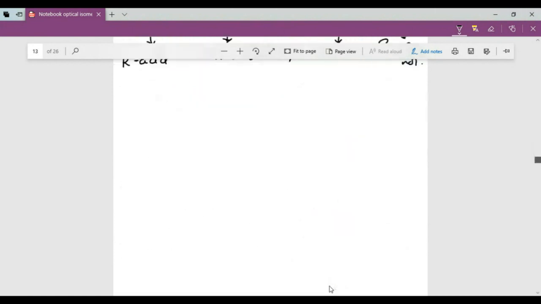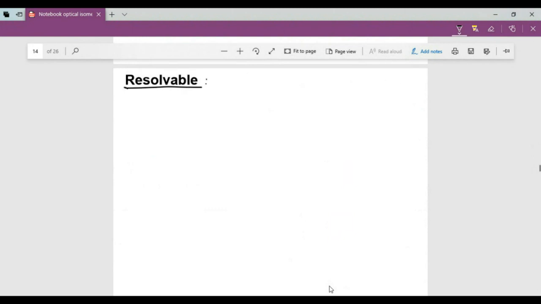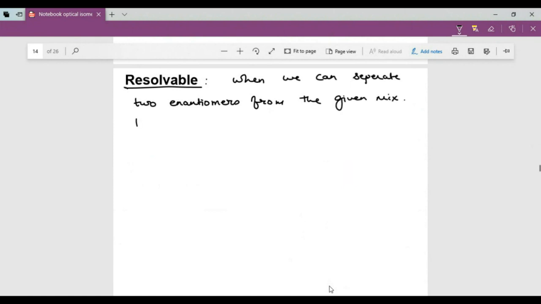A similar term that comes up is resolvable. What is the term resolvable? When we can separate the two enantiomers from the given mixture, then we call it resolvable.